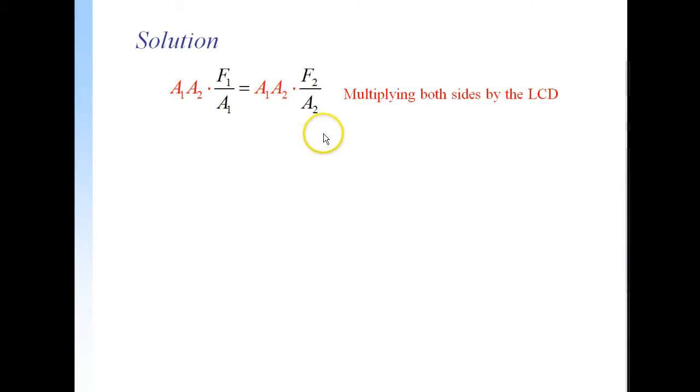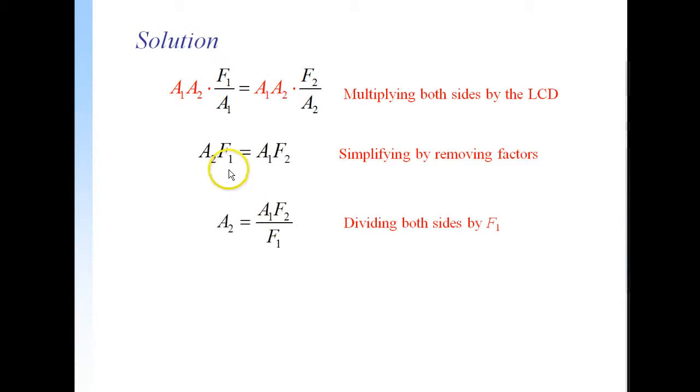Well, would you believe this is solved in exactly the same way we did proportions? So we could actually cross multiply here, and we end up with no more fractions, and we divide by the one we don't want on that side, the F sub 1, and there's our answer.